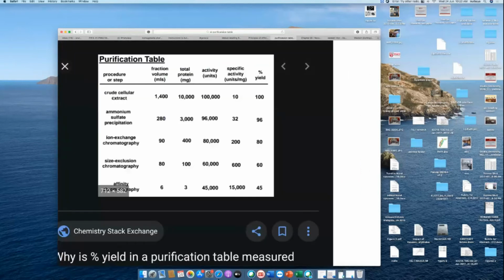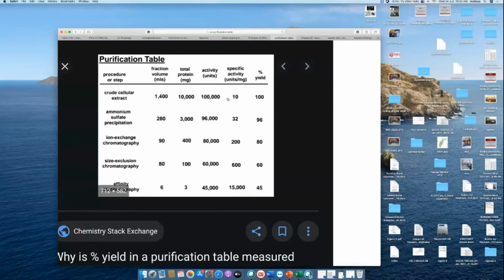Okay, so we have the crude extract here. Assume this is our first time we extracted the sample, with all the metabolites, the nucleic acids and the impurities. So this is the total protein.